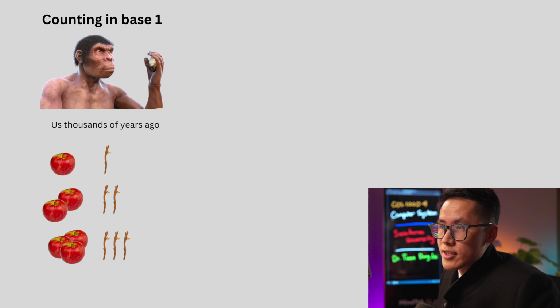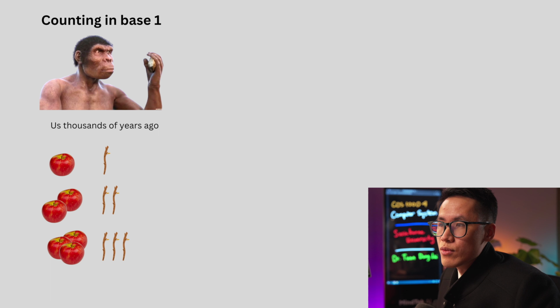Let's say this is 1 apple. 1,000 years ago, we counted everything in base 1, which means we use 1 stick to represent 1 apple. So 2 sticks represent 2 apples, and 3 sticks put together are 3 apples.